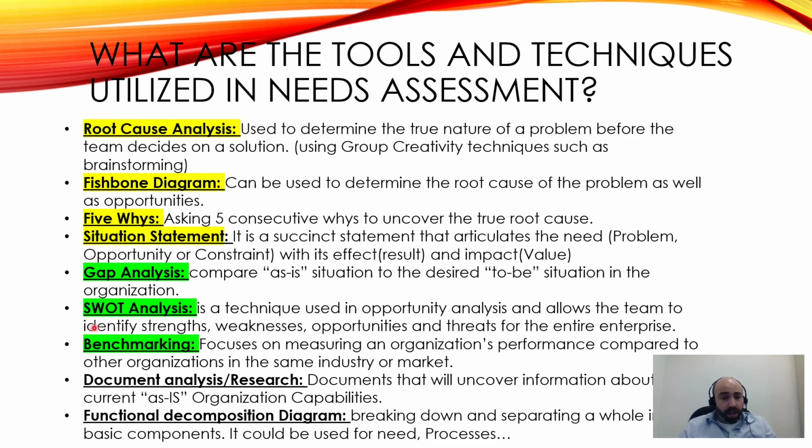SWOT analysis stands for strengths, weaknesses, opportunities, and threats. It's a matrix where you have the strengths and weaknesses on one side and the opportunities and threats on the other side, and you perform the intersection between all of them.